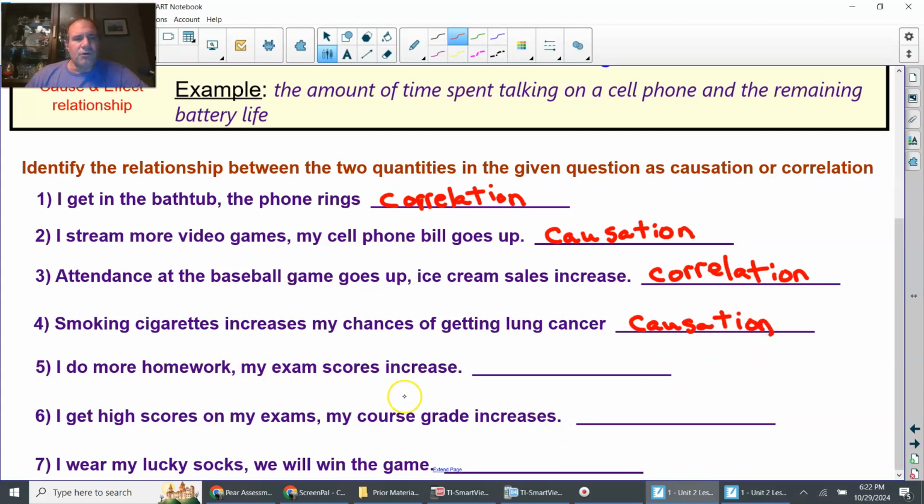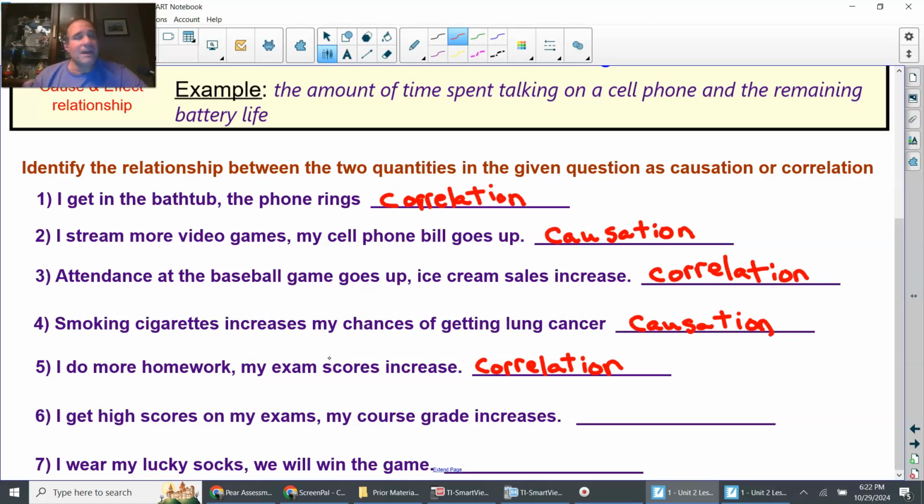All right. I do more homework, my exam scores increase. Now, if you say this is a correlation, you're probably right. You could say causation, and you could say, hey, if I do more homework, my exam scores definitely do increase. But we're going to say this is a correlation. It's really close, though, because I feel that doing more homework will increase your exam score, but it might not.